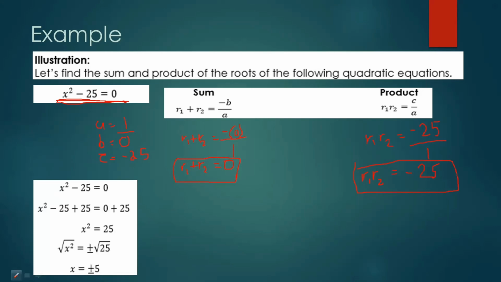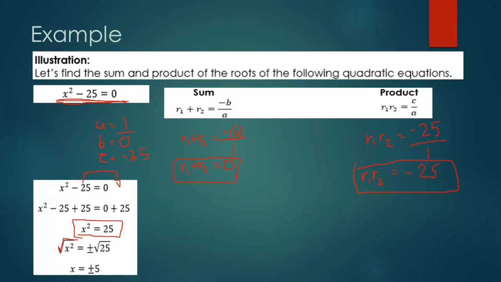So, to get the roots using the extracting the square root, what we are going to do is to transpose the constant to the other side. So, it becomes x squared is equal to positive 25. And then, we can get the square root of both sides.